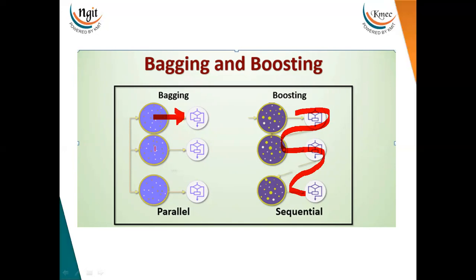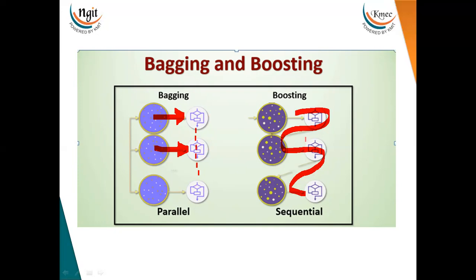At the same time, subset 2 will be given to the second model. Means all these models are being executed in parallel to each other. Then finally, to aggregate their predictions, we will use majority voting. So this is what bagging follows.